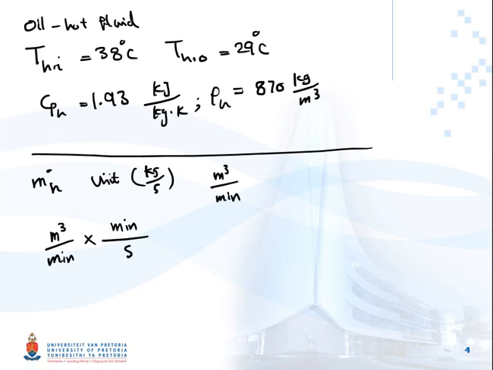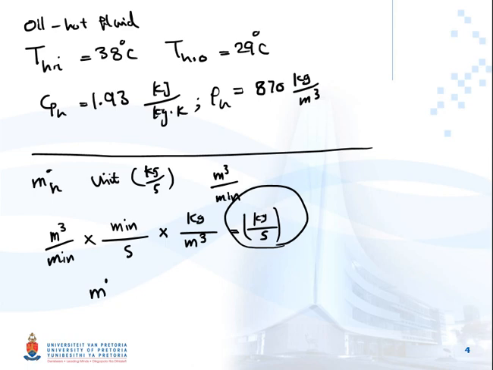Now I have a cubic meter per second, and if I multiply that by kilogram per cubic meter, what I'm going to have is kilogram per second. So I just created the same unit as m dot, which is the mass flow rate of oil.